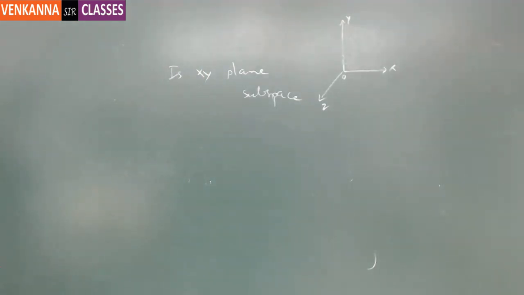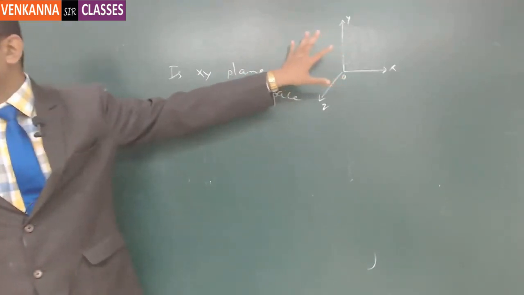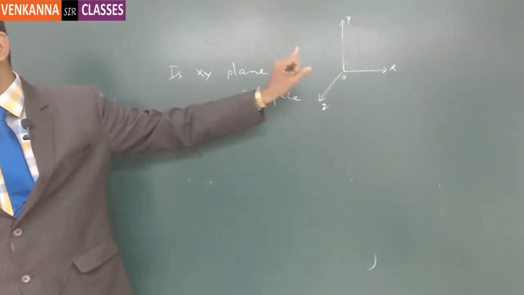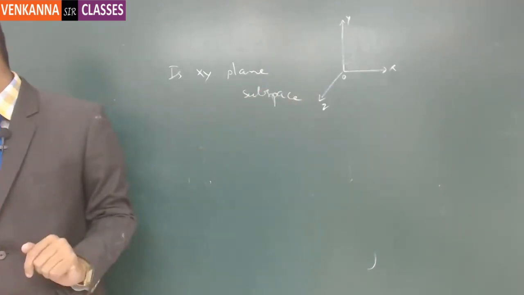If you want to say that it is a subspace, you should verify the condition A alpha plus B beta, or the two conditions, whatever it is. Now, what is the pattern of the xy plane? It contains x coordinate, y coordinate, and z coordinate is 0. Accepted?